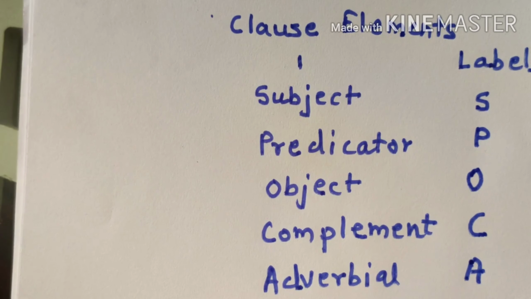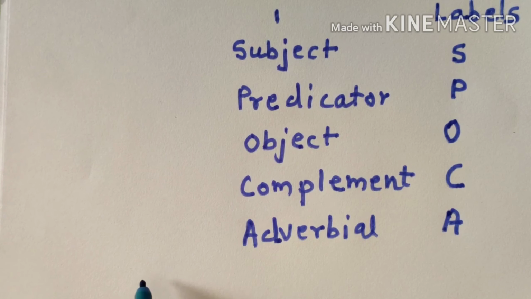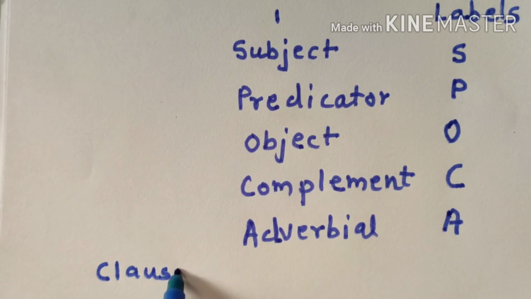See, these 5 elements are important to construct a sentence or a clause. These are the elements of the clause structure. So, clause structure is made of 5 elements.